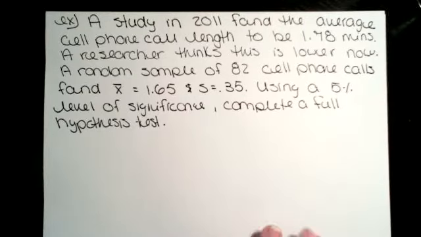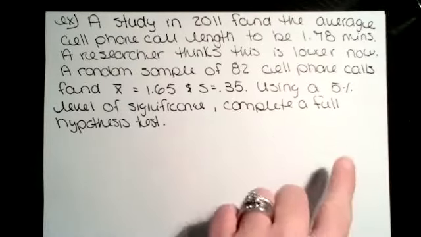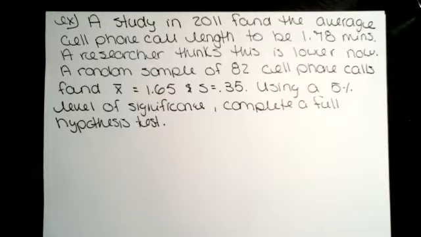The only time I would ever ask you for something like that is if I start the problem and I say complete the test. We would still be doing a full hypothesis test, okay? So keep that in mind. But in your homework, the homework might say, well, what is the test statistic? What's the p-value? What's your conclusion, right? The homework's not gonna ask you for all of this, these 5 steps, like this full process. So keep that in mind, okay?